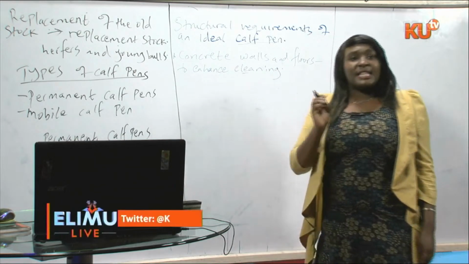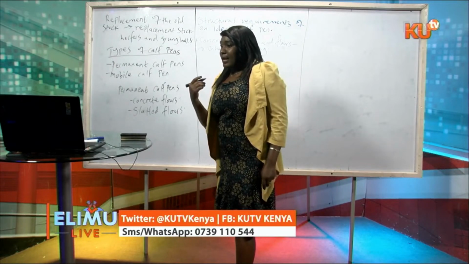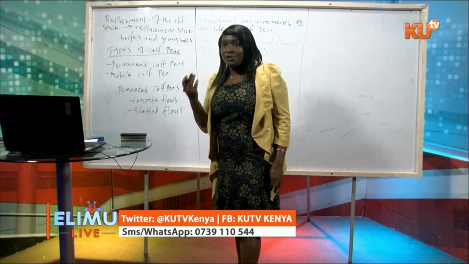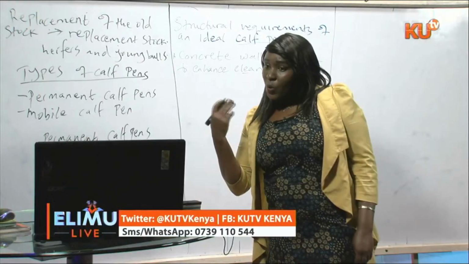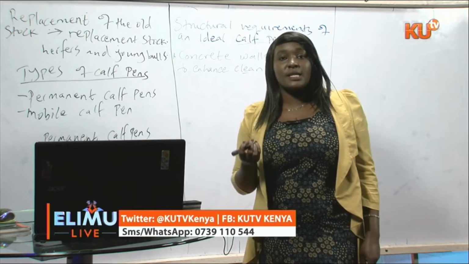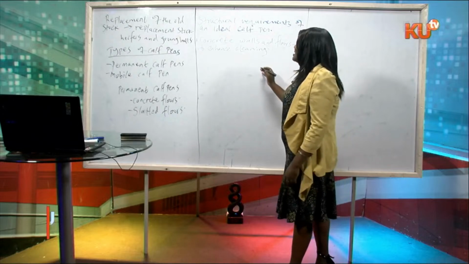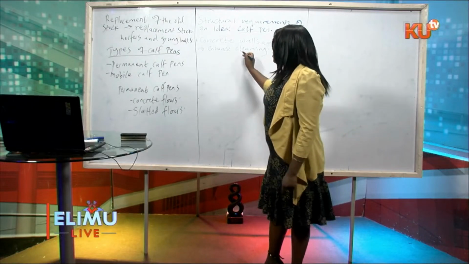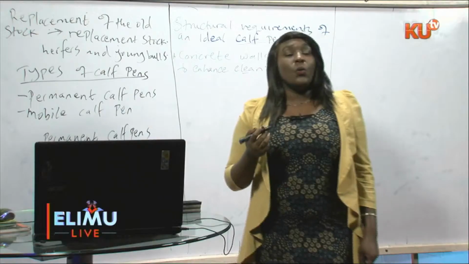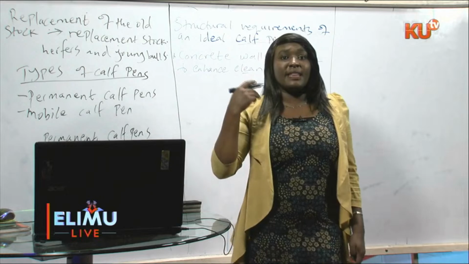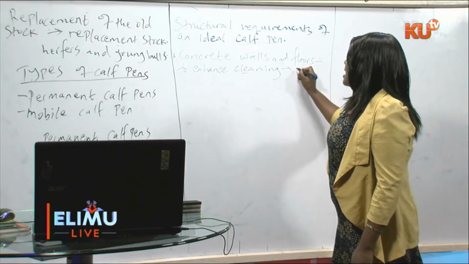We need to clean these calf pens more often. And I expect we have a reason why we clean our houses. Of course, it's because we don't want accumulation of parasites and diseases. When we clean these calf pens more often, we enhance the health of these animals, because they do not suffer from diseases such as foot rot.